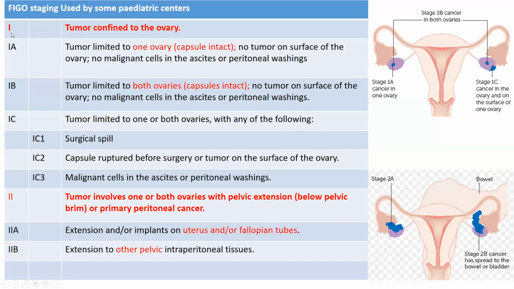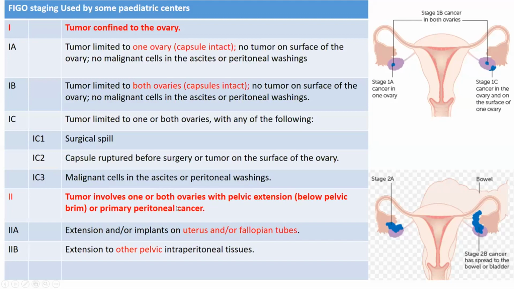Stage 1 is when the tumor is confined to the ovary, again divided into 1A, 1B and 1C. 1A is when the tumor is in one ovary only with an intact capsule. 1B is when the tumor involves both ovaries, but the capsule is intact. 1C is when the tumor may involve one or both ovaries, but either the capsule is ruptured, or there is surgical spill, or there are malignant cells in ascites or peritoneal washing.